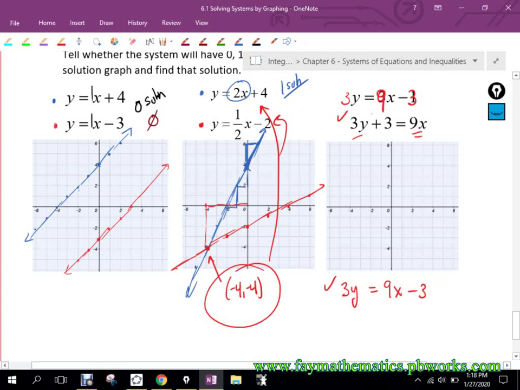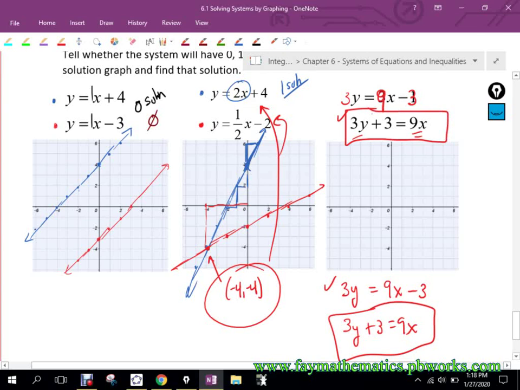What do I have to do with this -3 right here to make it look like this? If I add 3 to both sides, does that now look just like that? So what does that mean to me? They're the same exact line, so I got infinite solutions.